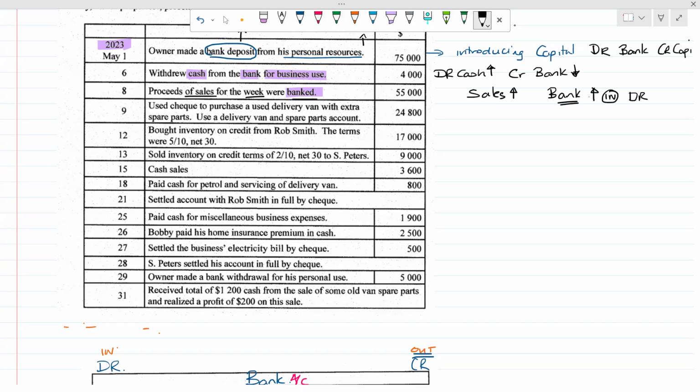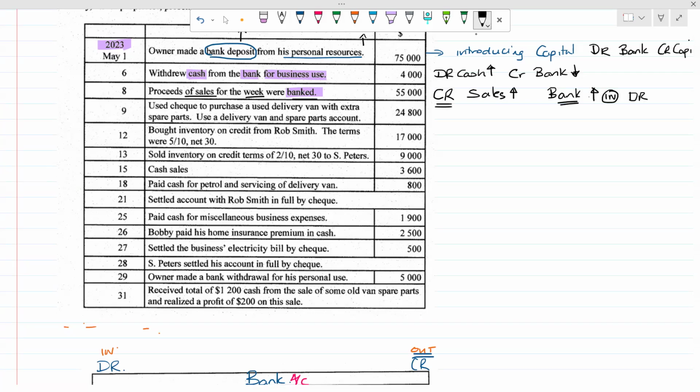Agreed? Right. So it means that sales will be increasing. And what entry are we going to use? Is it going to be a debit or credit? We're going to debit sales or credit sales?